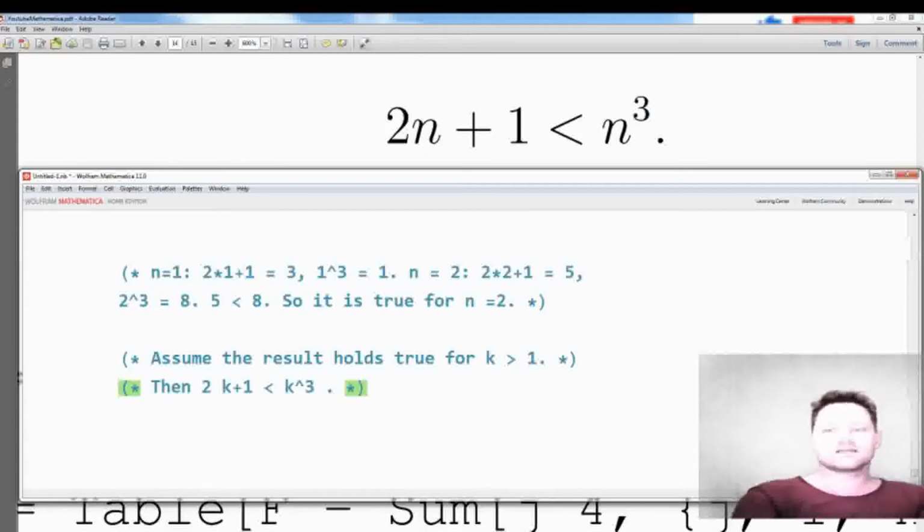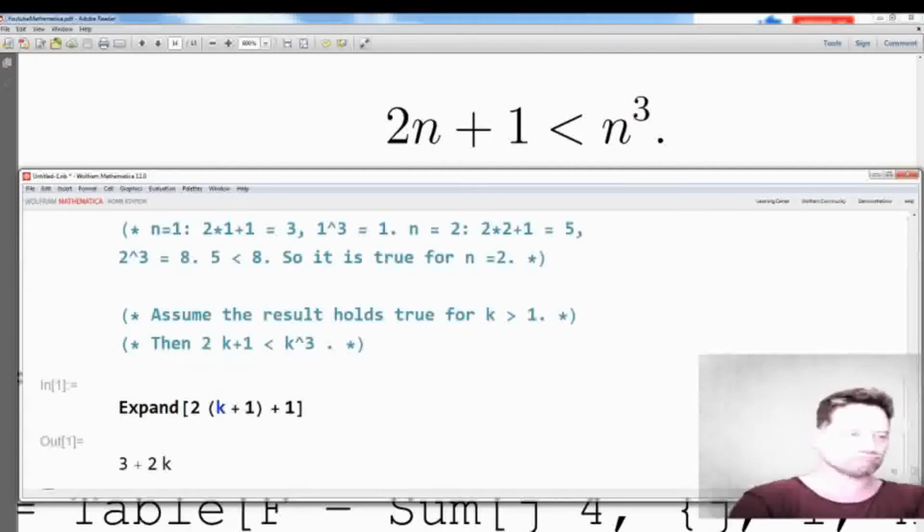We need to think about how we can turn this 2k plus 1 into twice k plus 1 plus another 1. Let's expand this and see what we get. So we get 2k plus 3. So we want this to somehow turn into 2k plus 3.